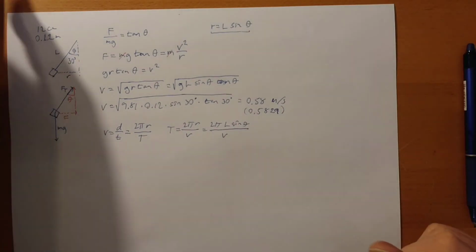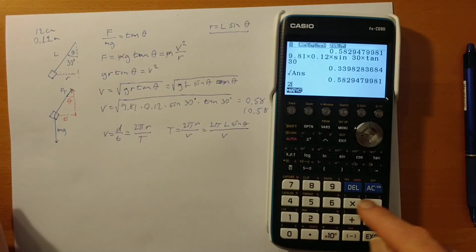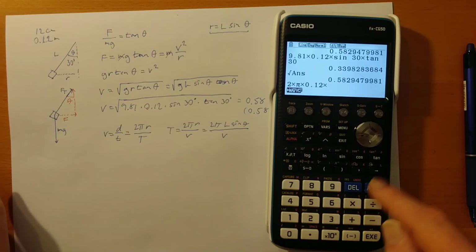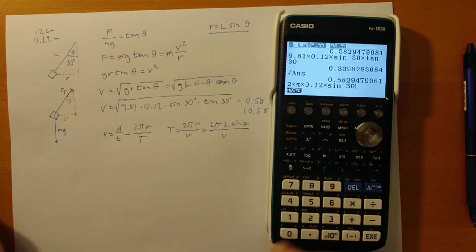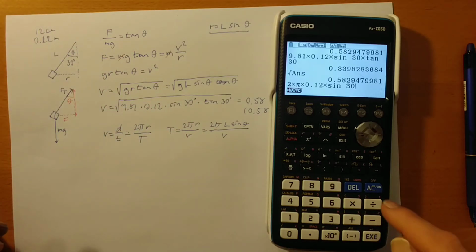So now I can just take the calculator again and calculate 2 times pi times the length 0.12 times sine of 30. We should know the answer of that by heart, but this is a physics lesson, not a math lesson, so we pretend we don't know it. And of course the problem could be with other numbers, so let's do the calculation anyhow.